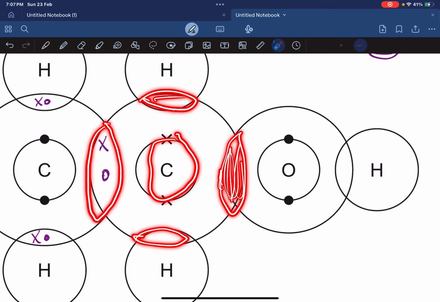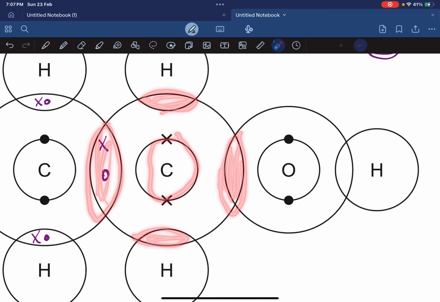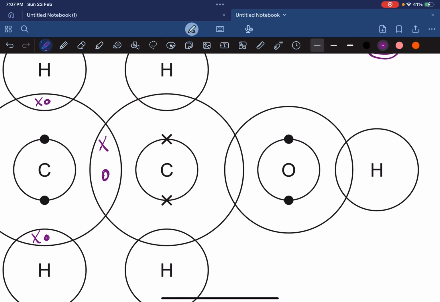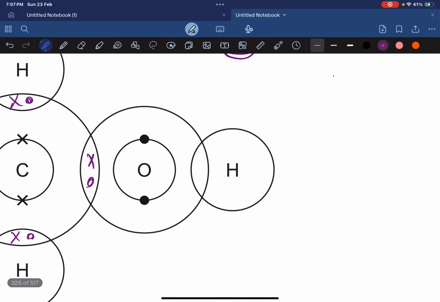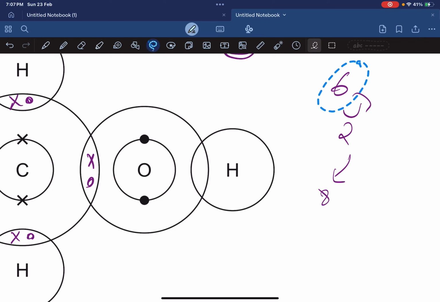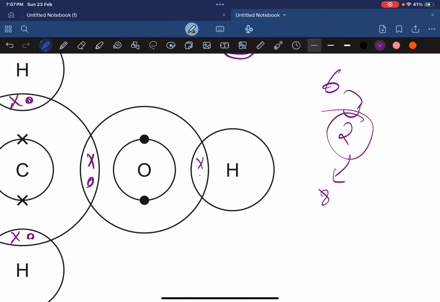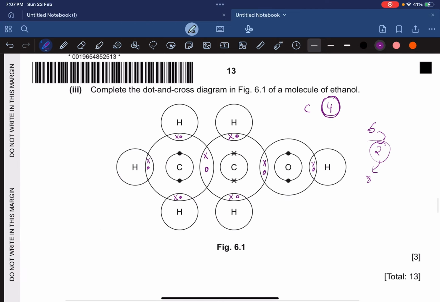Carbon, remember, always makes 4 bonds because it has a valency of 4. Oxygen is in group 6. It needs just 2 more to get to 8. So oxygen will always form 2 bonds. So one over here it's formed, one over here it will form. Done with all the bonds.